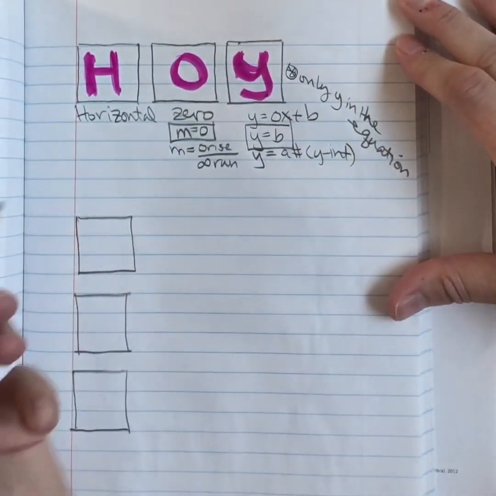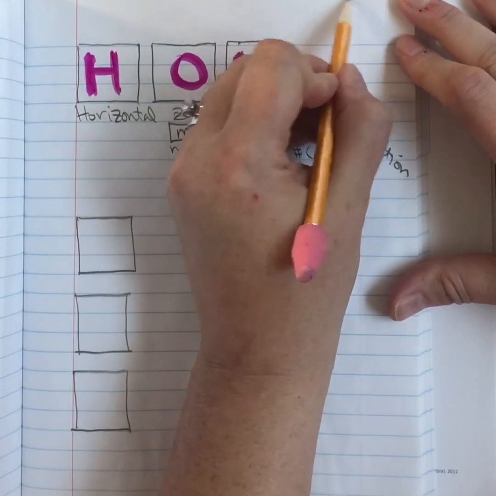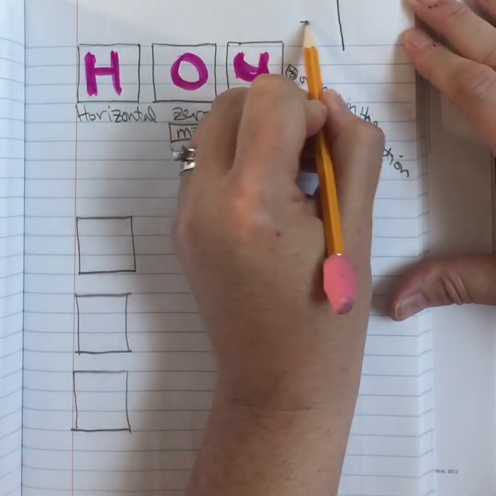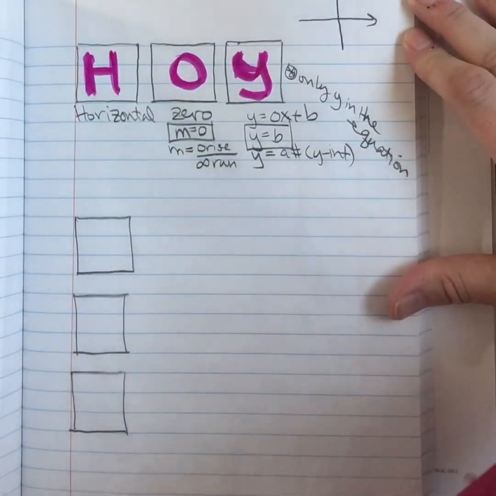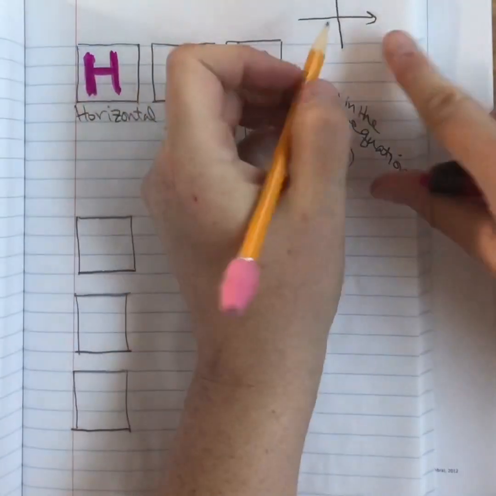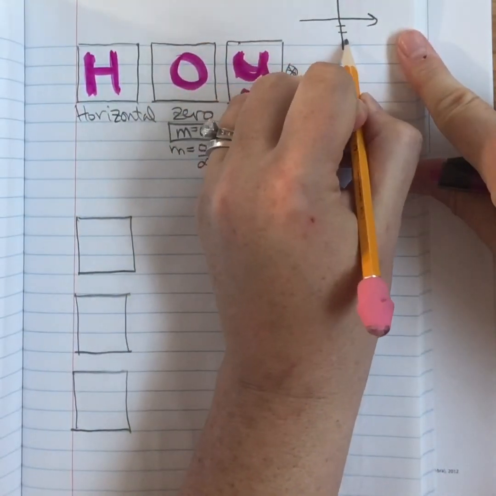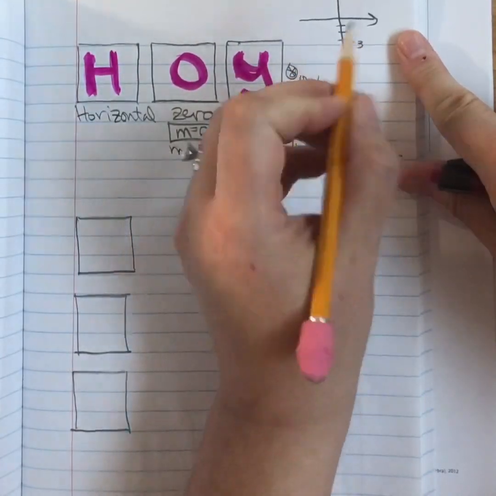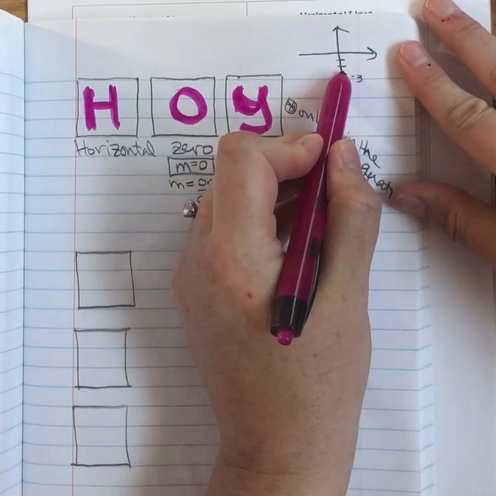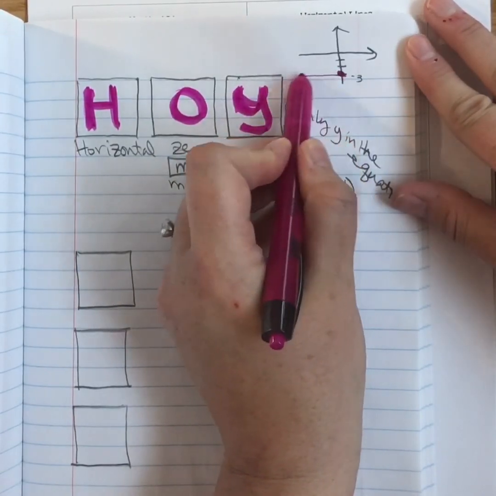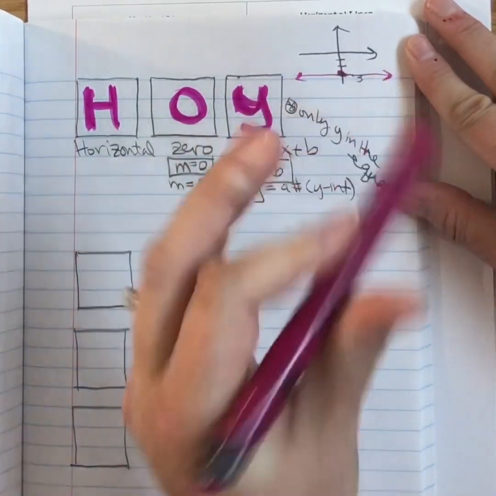So if I draw myself a little graph, just sketch an x and y axes and draw yourself a horizontal line, and I'm going to make it go through -3. So if this horizontal line has a y-intercept of -3, then guess what?